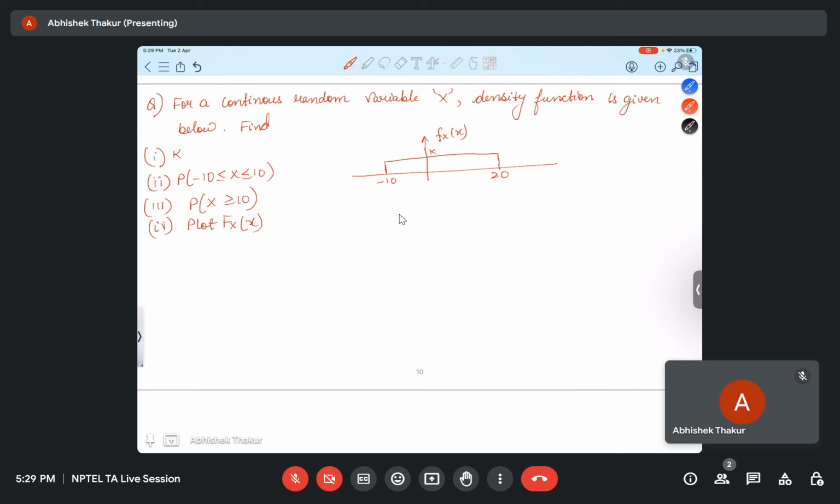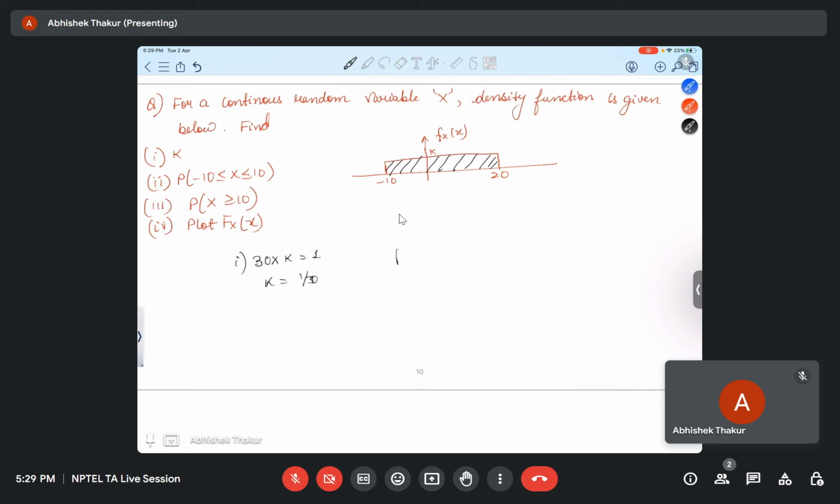Now, the complete probability will always be 1, so the area under this curve will be 1. So the area is 30 into k, equal to 1. So the value of k is 1 by 30.